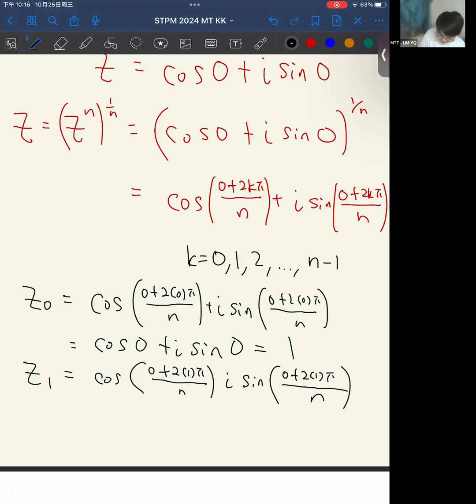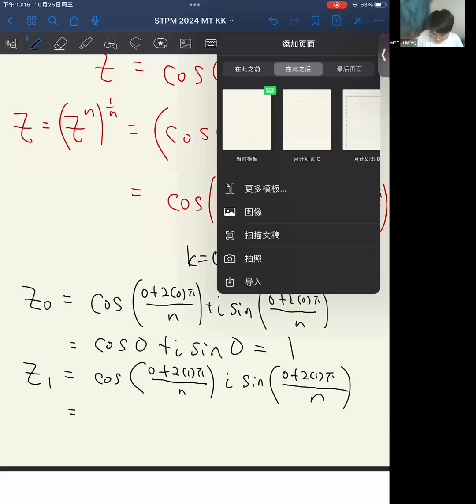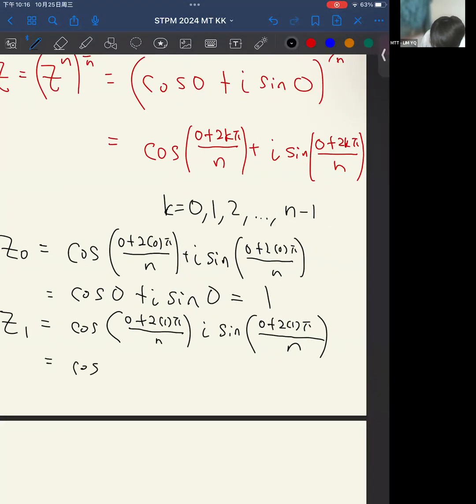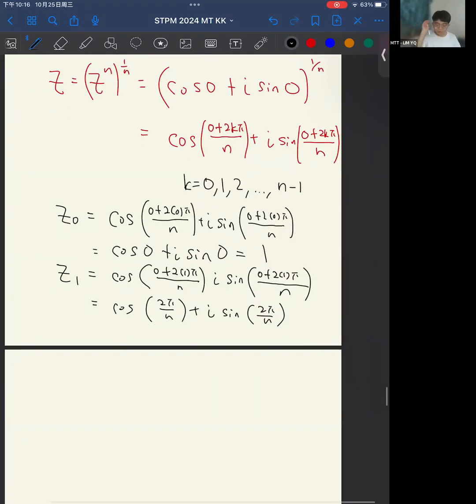Okay. So this is cos 2 pi over n plus i sine 2 pi over n. Here also same thing. Now this one you just leave like this only because n is an unknown. Okay, n is an unknown. So just leave it like this. And then I think do one more.